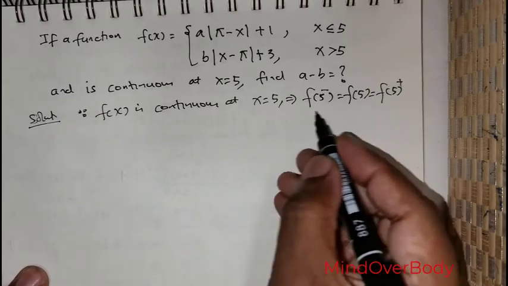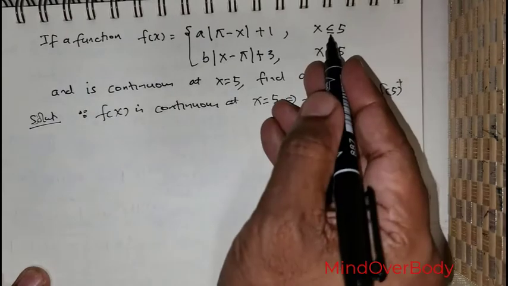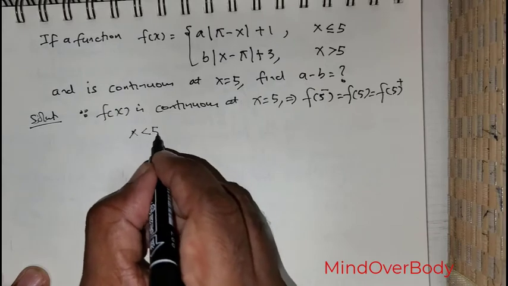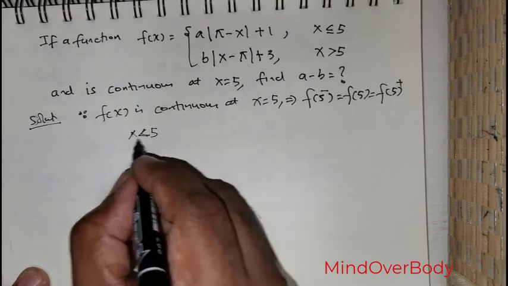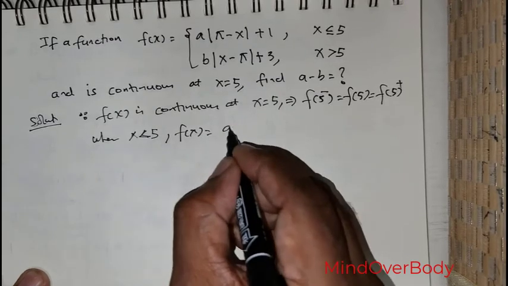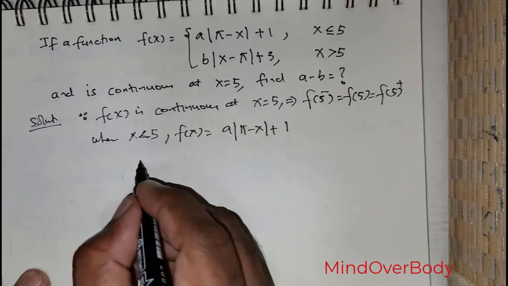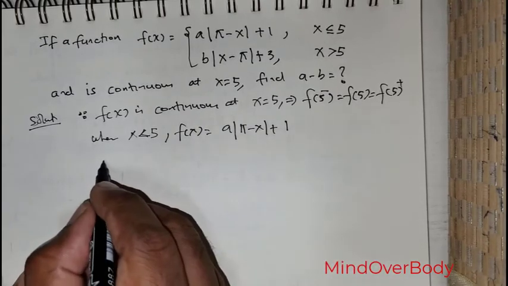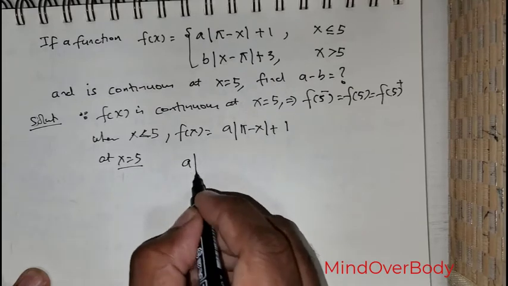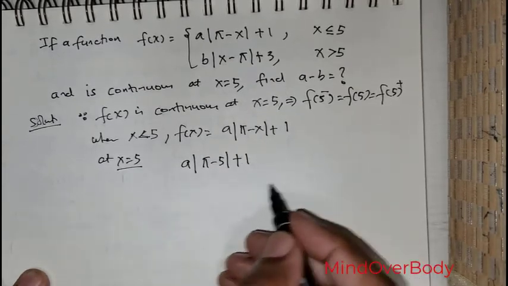So in this case, I will start off with x less than 5. When x is less than 5, let me write that f(x) is a times (π − x) + 1. So at x = 5, the function value is going to be a times (π − 5) + 1. So this is what I have got.